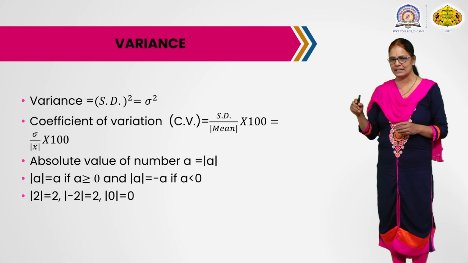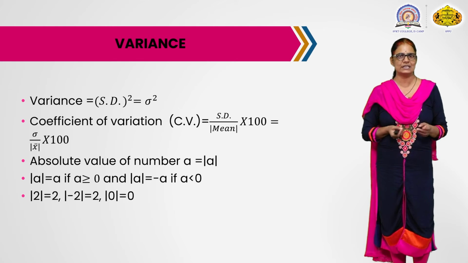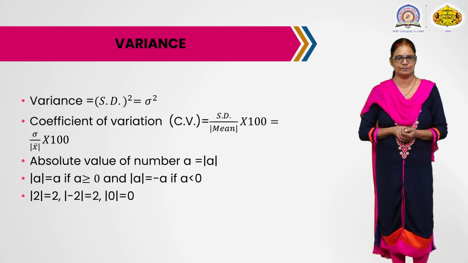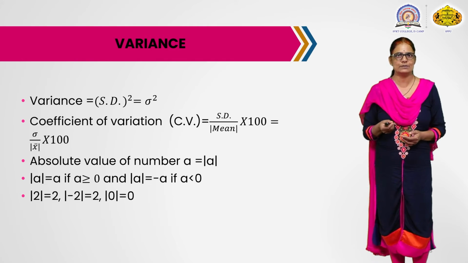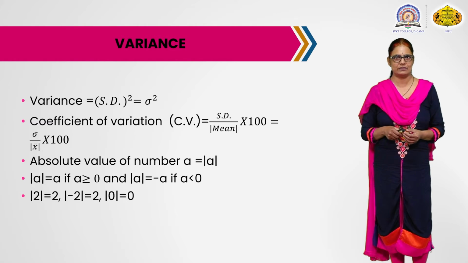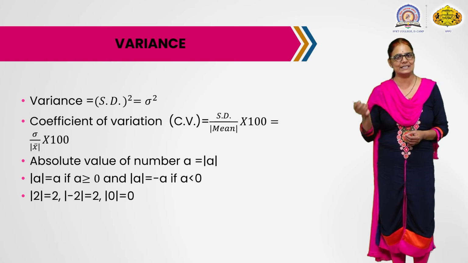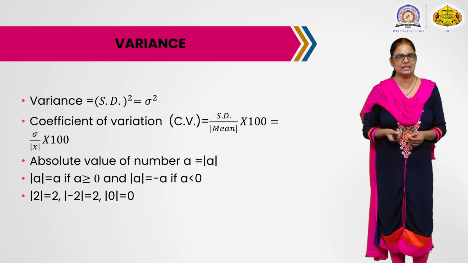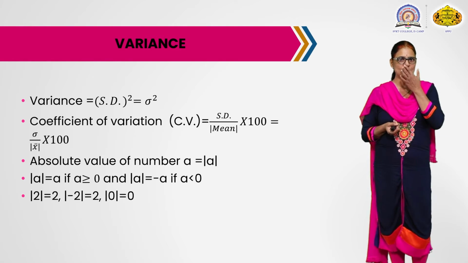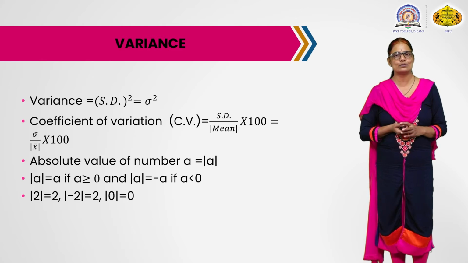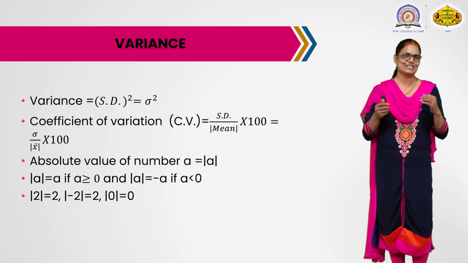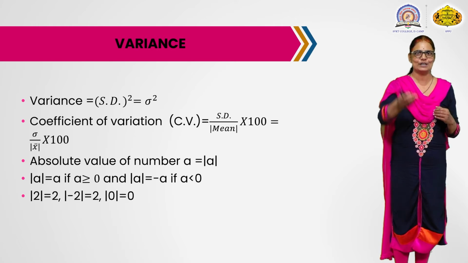For example, if I take the mod of 2, the output is 2 according to the definition. If the number is positive, its mod is the same as itself. If the number is 0, its mod is the same as itself. If the number is negative, its mod is positive. That is, mod of minus 2 is 2 here. So, in short, it is a quantity which converts a negative number into positive.